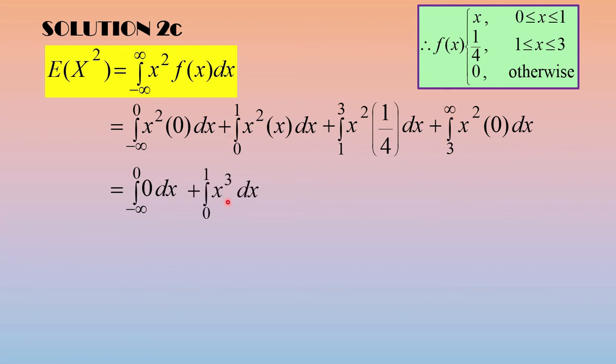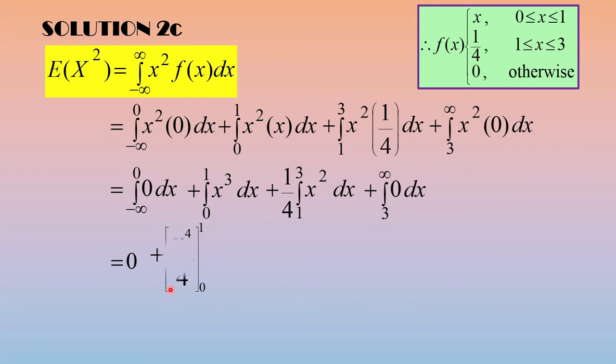From 0 to 1, you will have x squared times x, we have x cubed, plus 1 over 4 I will bring in front, and inside the integral we have x squared. Simplify to integrate x squared.